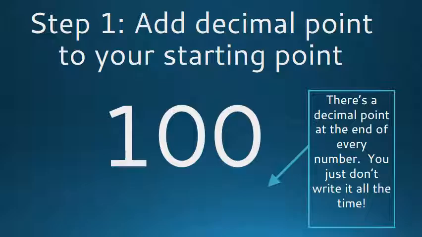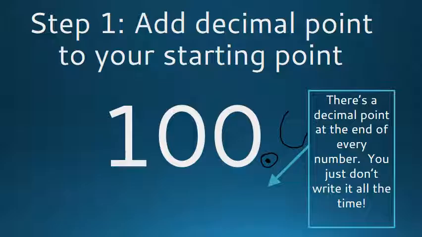All right. So step one in converting from a unit to a unit is to understand that every single number ends with a decimal point, or at least has a decimal point. So if you have a number like 100, you normally don't write in a decimal, but we actually can just assume that a decimal always goes there.